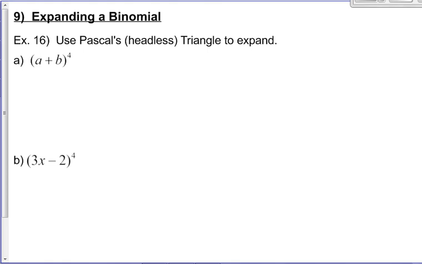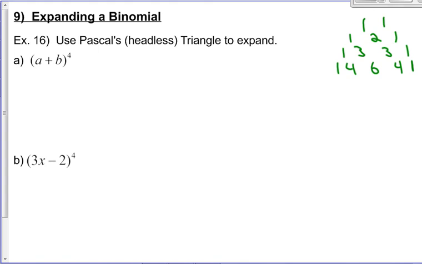Okay, so here's my sales pitch for Pascal's headless triangle. First of all, I'm going to write it out over here. So I'm going to have 1, 1, then 1, 2, 1, 1, 3, 3, 1, 1, 4, 6, 4, 1. I want to expand a plus b to the power of 4. Here's what I do.